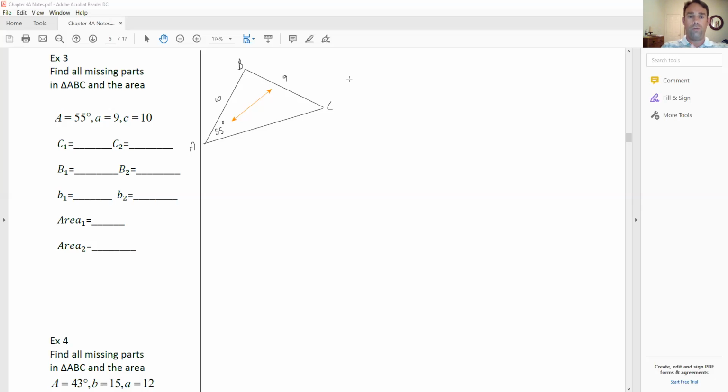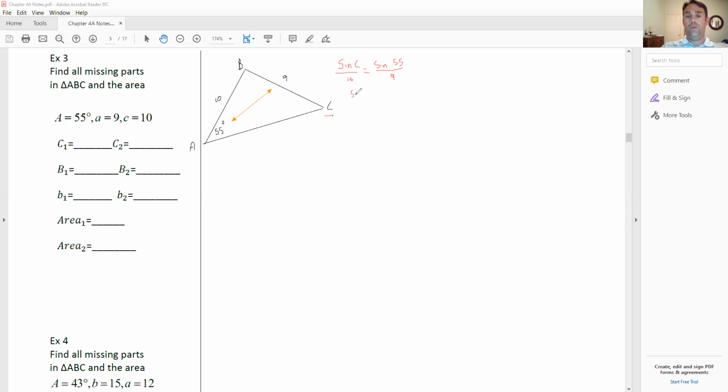I've already hit two of the three things that could make this possibly be two triangles. So the first angle I have to find is angle C, because I know what the opposite side is. So sine of C over 10 equals sine of 55 over 9.